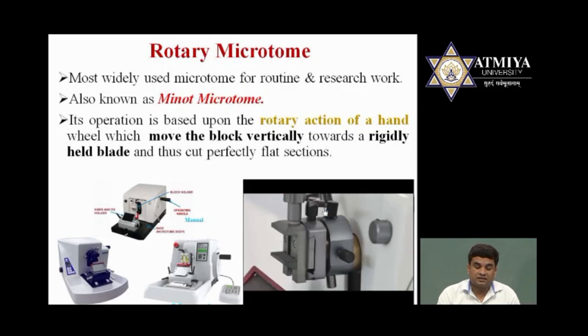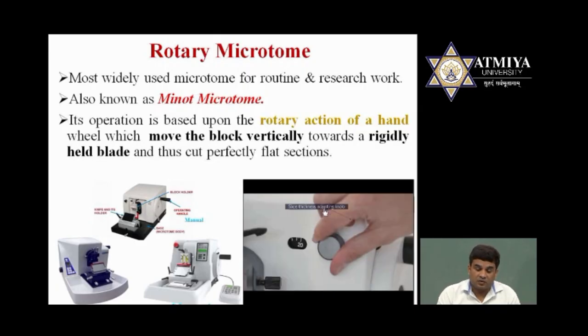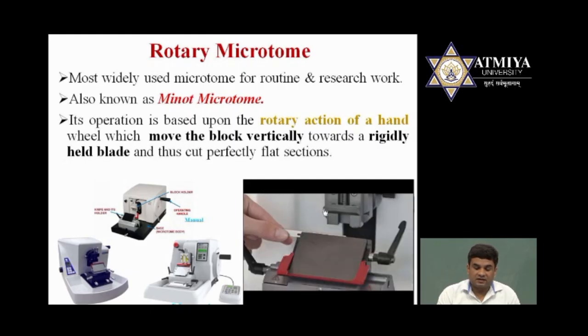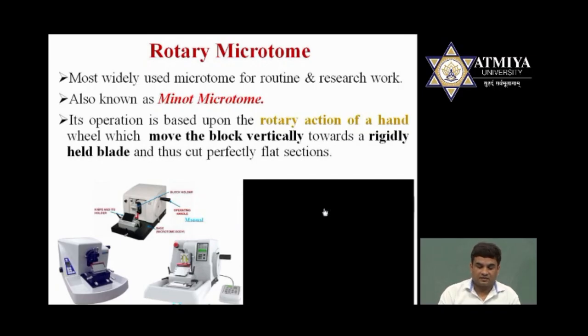Through this wheel, you can set the position of the sample holder. And this is the knob to set the section thickness. Another part is the blade. You put the blade in the blade holder, fix it here, and you will get the section using this microtome.